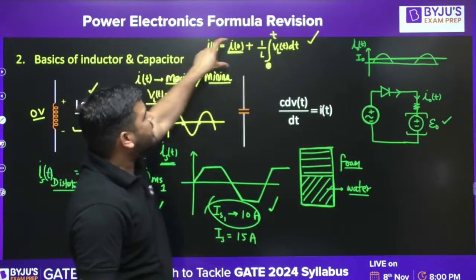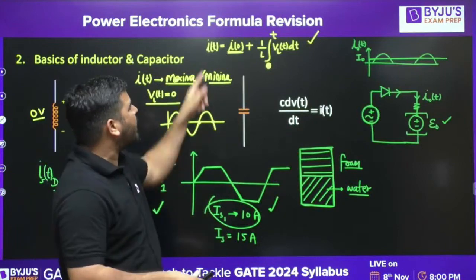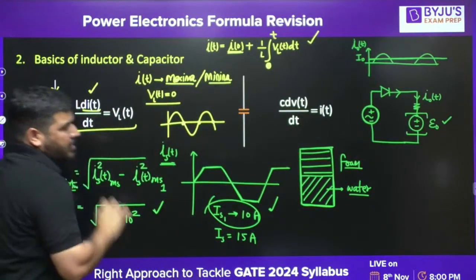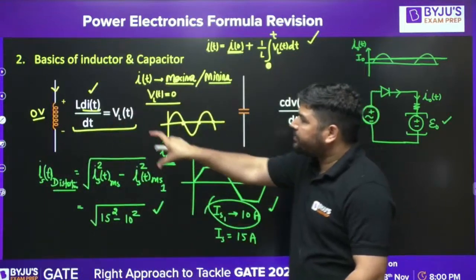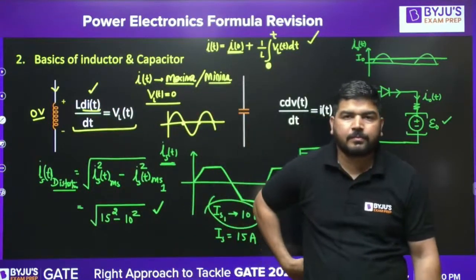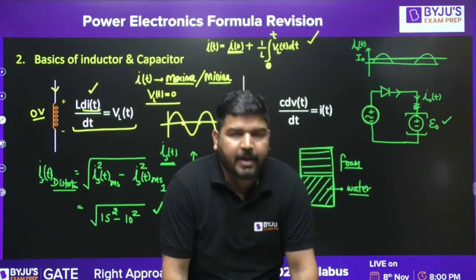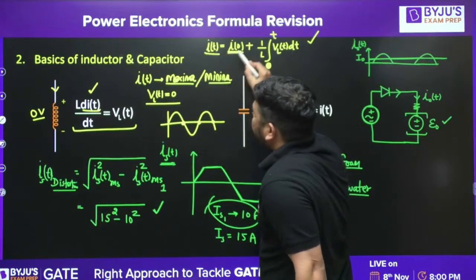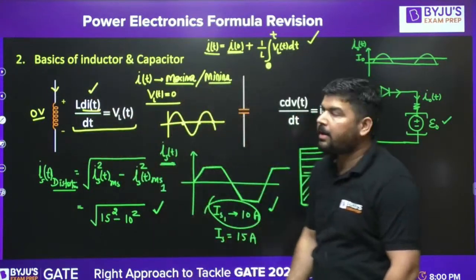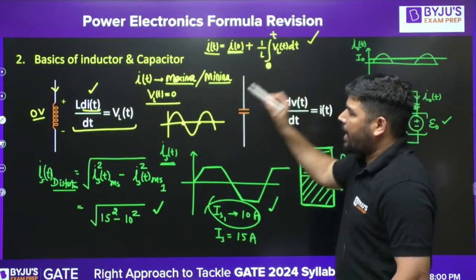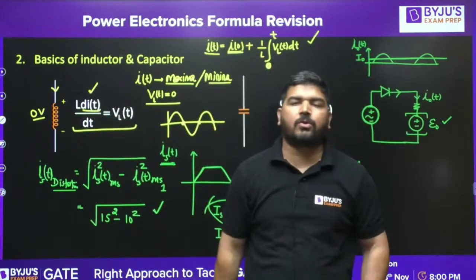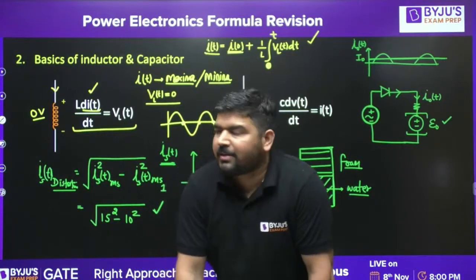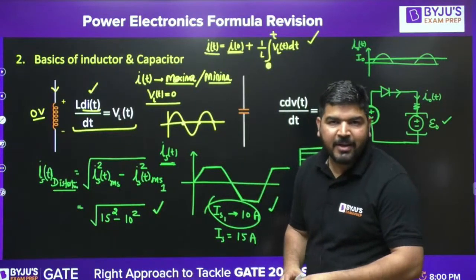According to this relation, if the current through the inductor is periodic, then the average voltage, or the DC voltage, across this inductor will be 0, and vice versa. It is a very powerful statement.